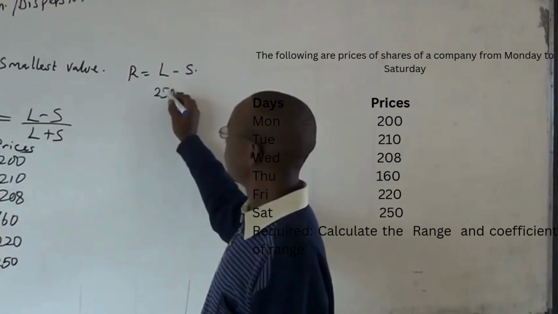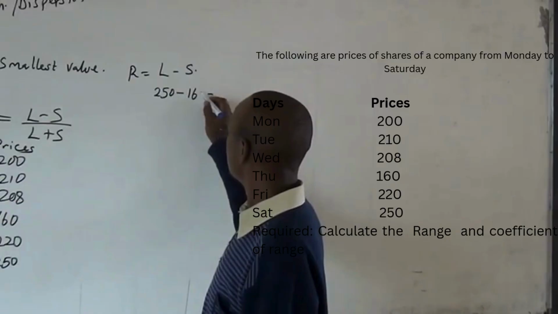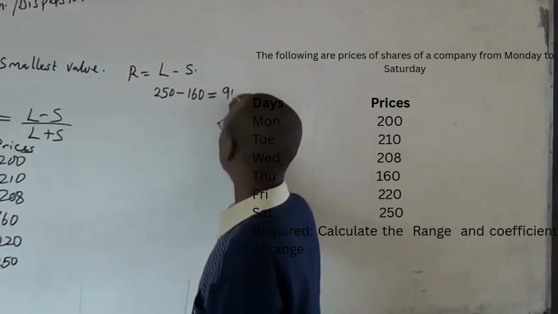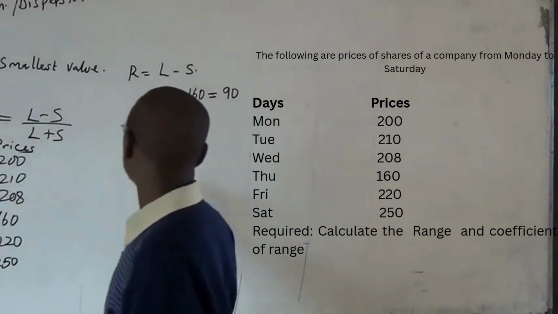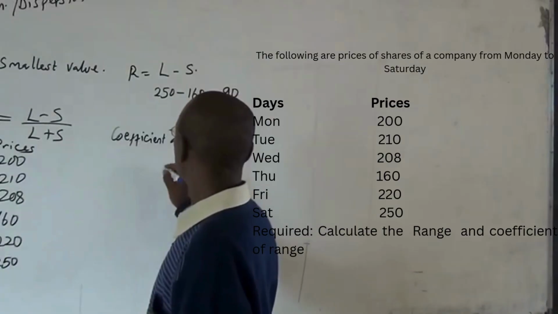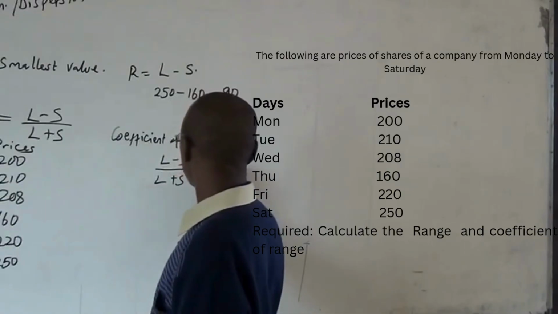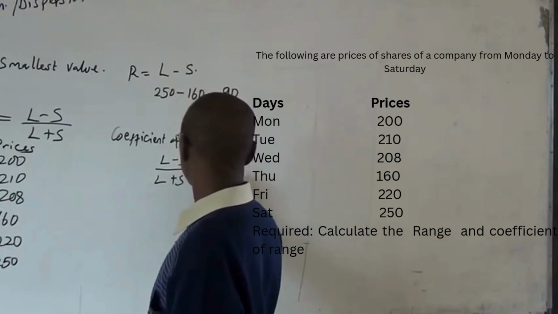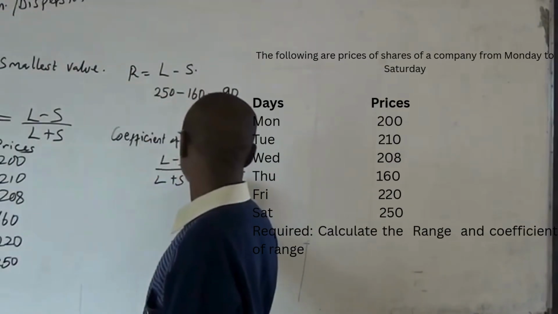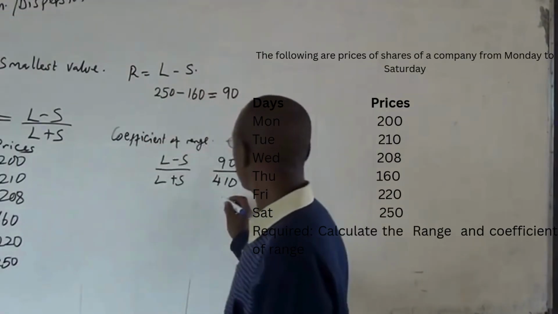And S? 160. It's equal to 90. What about coefficient of range? It is L minus S over L plus S, which is 90 over 410, giving 0.219.